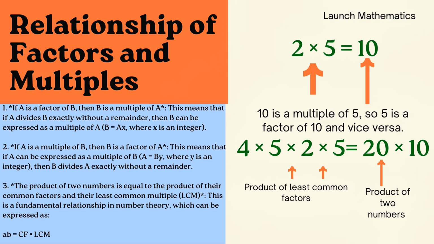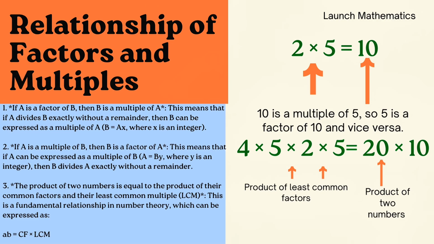Secondly, if A is a multiple of B, then B is a factor of the given number A. This means that if A can be expressed as a multiple of B, A equals BY, where Y is any integer, then B divides A exactly without a remainder. For example, 2 times 5 equals 10, as 10 is a multiple of 5, so 5 is a factor of 10. Or if 5 is a factor of 10, so 10 is a multiple of 5.